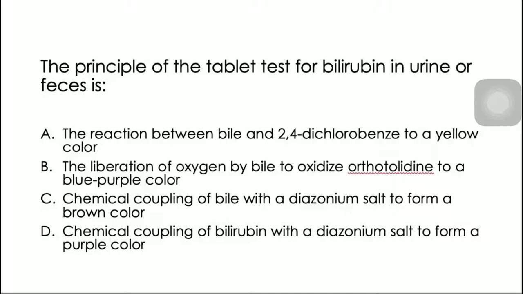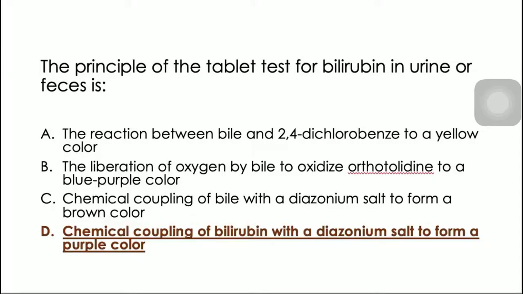And the principle is still quite similar to your bilirubin measurement in the blood, wherein bilirubin reacts with diazotized sulfanilic acid or your diazonium salt to form your purple azobilirubin. So we have letter D.